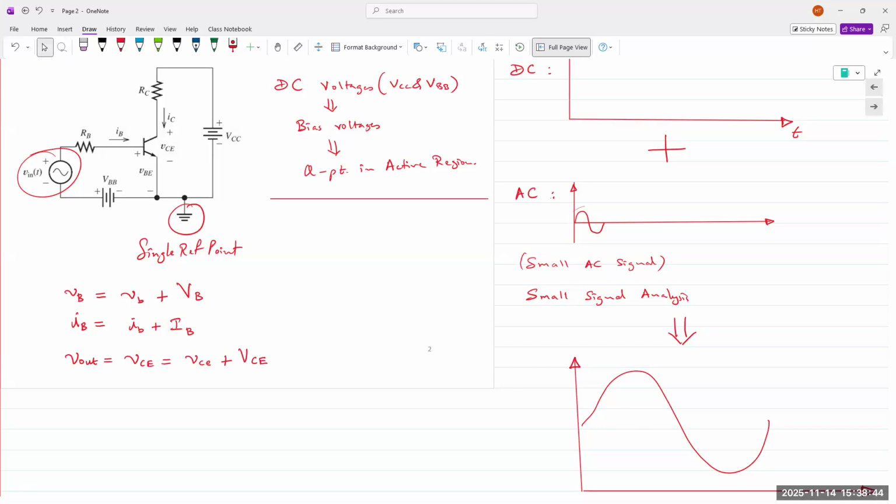So then let's look at the operation and see how we can analyze this. We'll perform load line analysis on it.